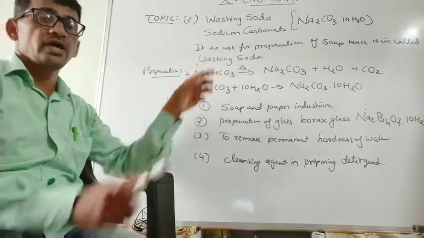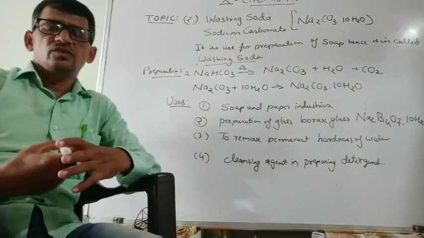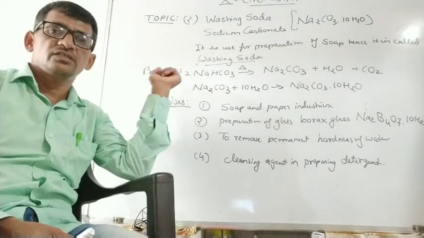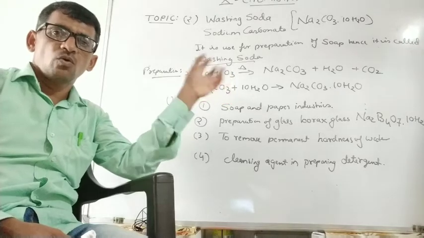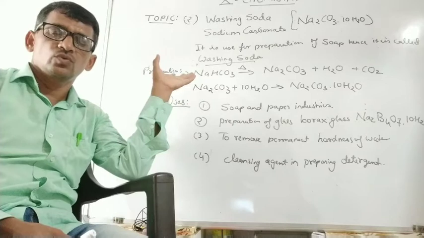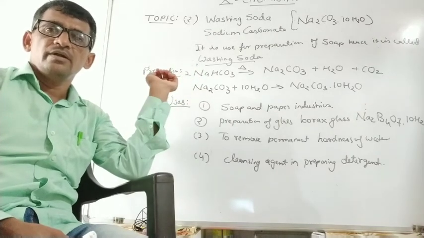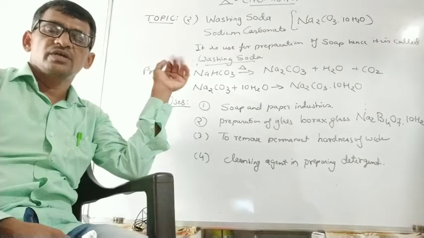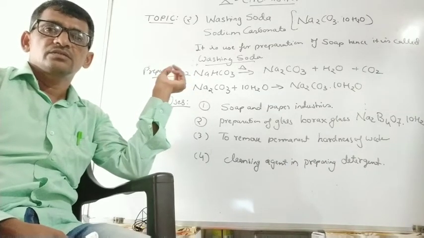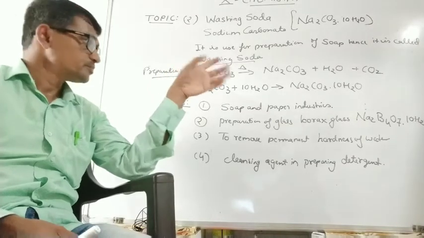That's why it is known as washing soda. If fatty acid, meaning oil, is treated with sodium carbonate, then we can prepare soap and detergent. With mineral oil, we can prepare detergent, and if it is simple food oil, then we prepare soap.